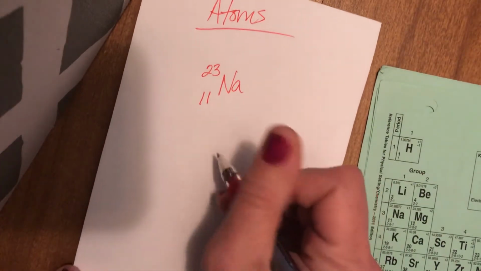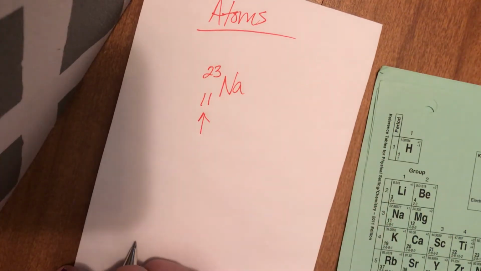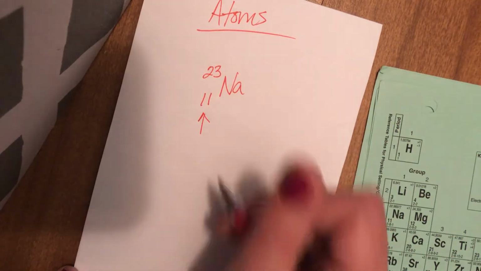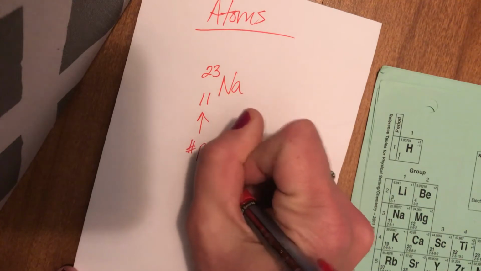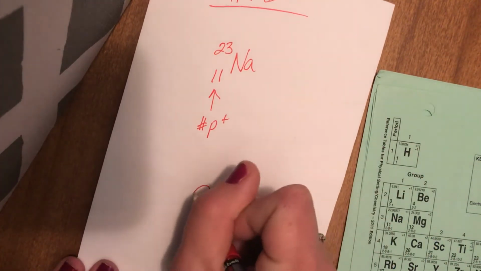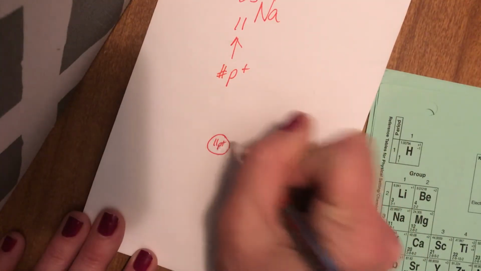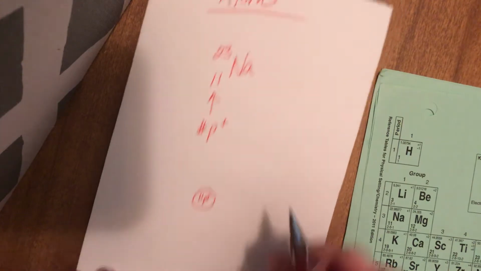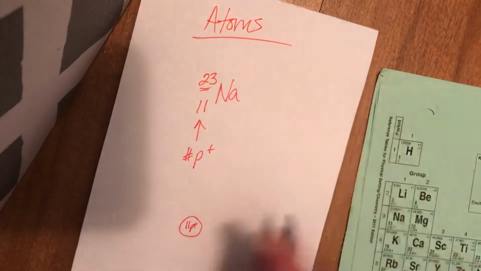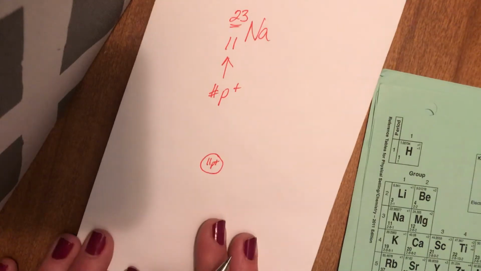So let's talk about what's inside this atom. First of all, 11, the atomic number, is always what identifies an element. It tells you the number of protons, and protons are positive and they're in the nucleus. So here's my nucleus, and it would have 11 protons inside of it. The mass tells us the overall mass of the atom, and the mass is just in the nucleus.